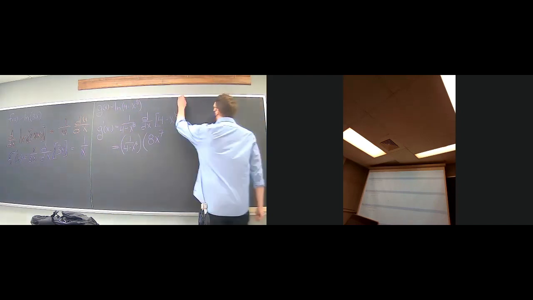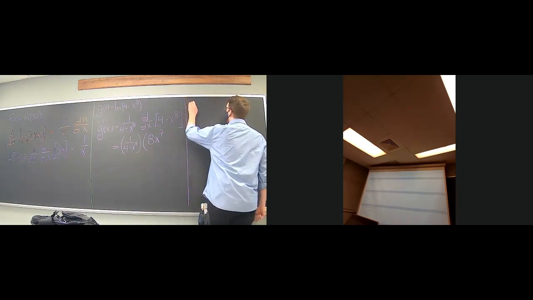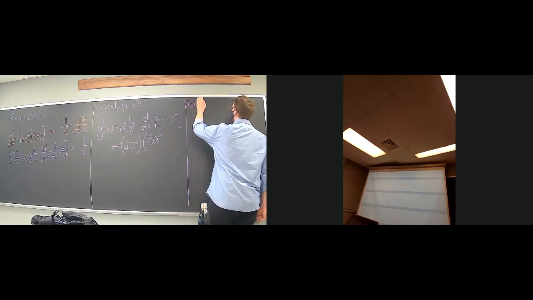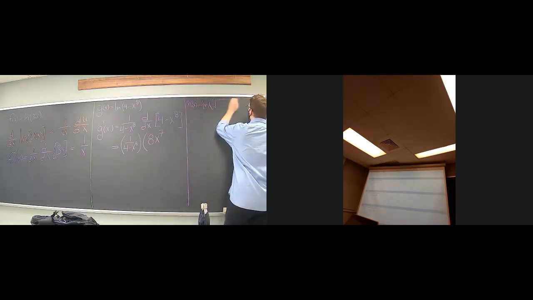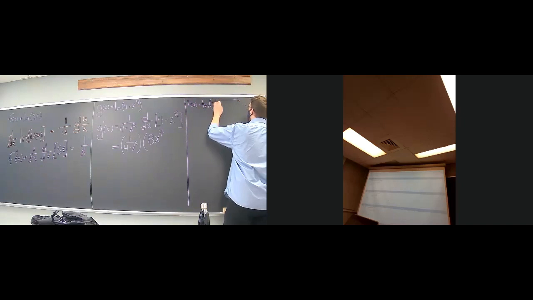Now, this last example, h of x is equal to the ln of the 5th root of 8 minus 7x. Here, it's going to be helpful if we rewrite this first.